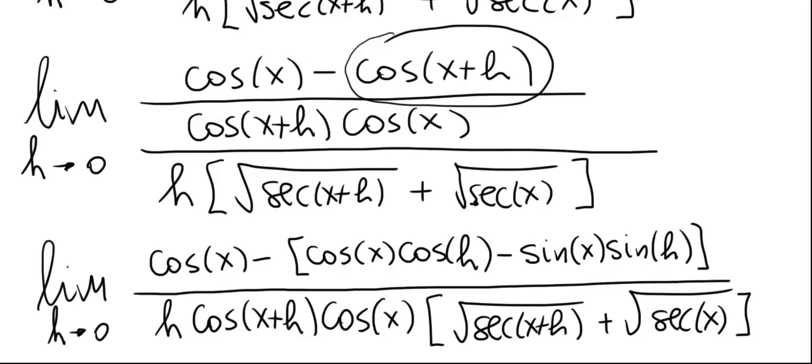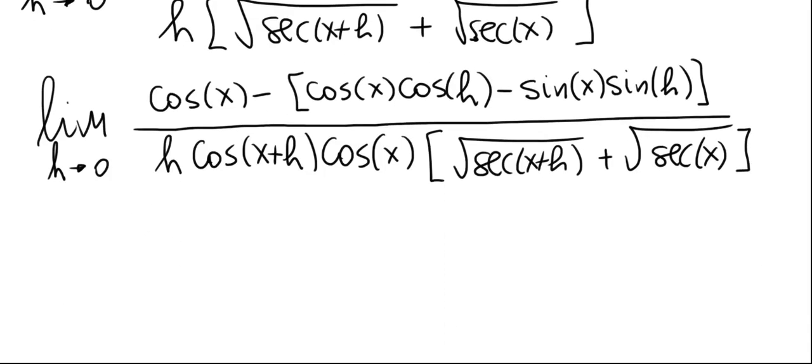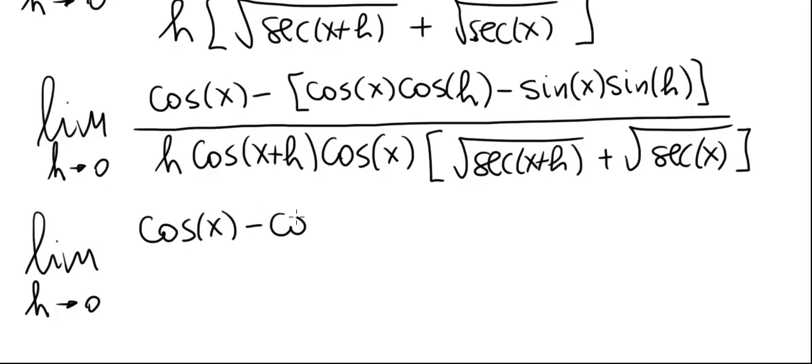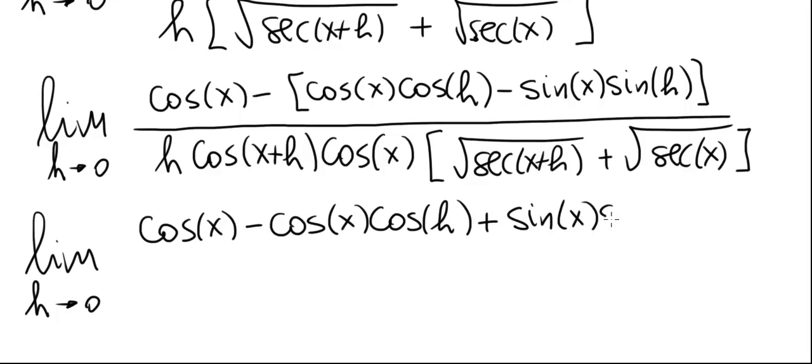The next step is to simplify the numerator. And this is the limit as h approaches 0. We have cosine of x minus cosine of x times cosine of h plus sine of x times the sine of h.